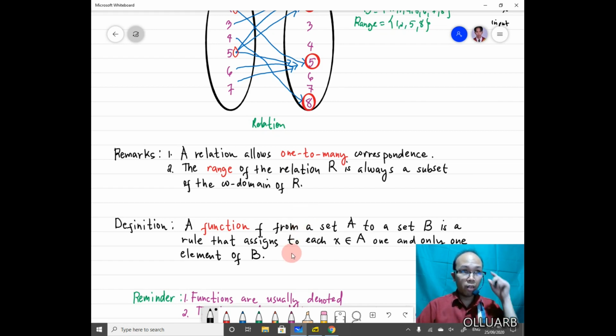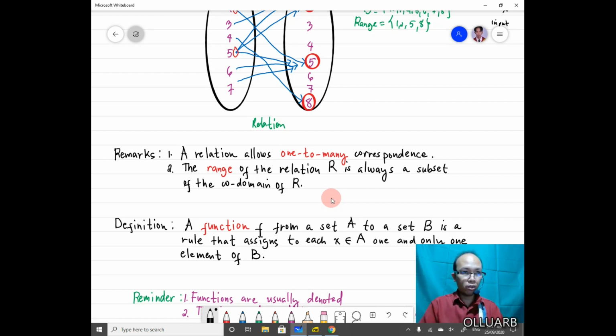It never allows one-to-many. Every object here has one object that you are going to map.